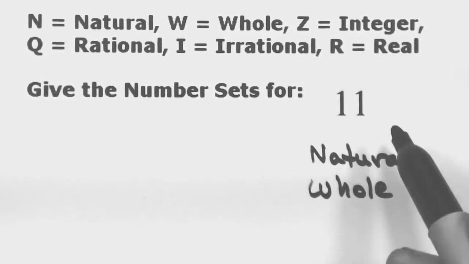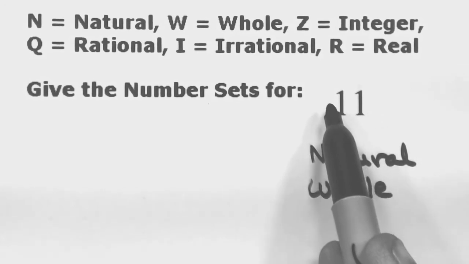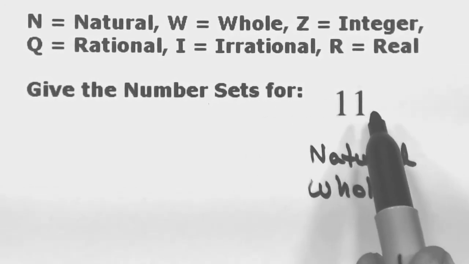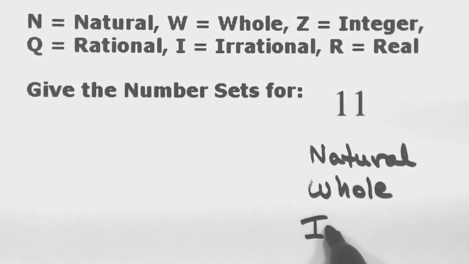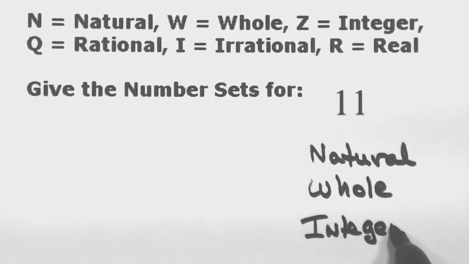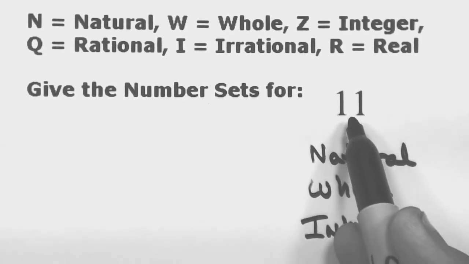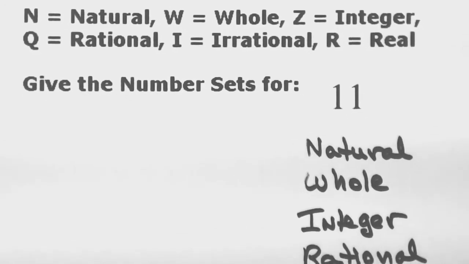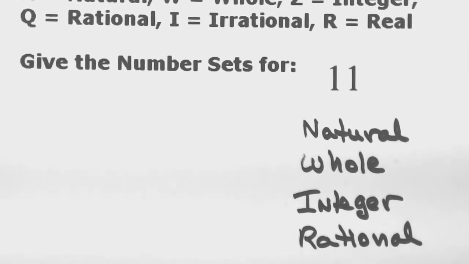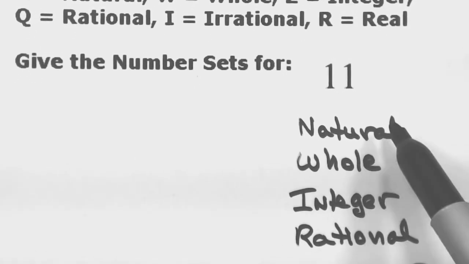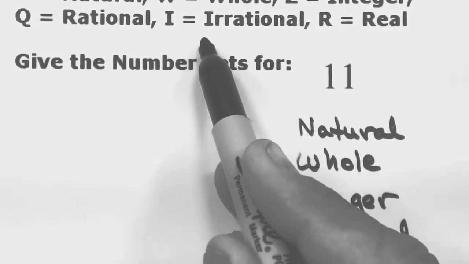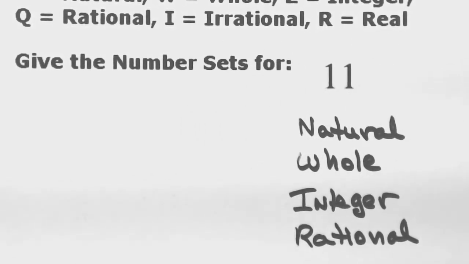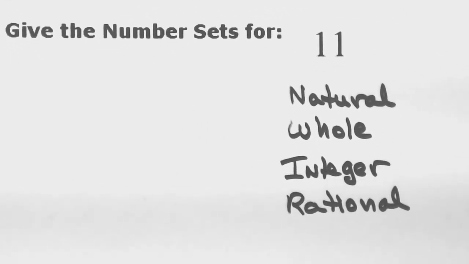It's an integer because the integers include both the positive and negatives of these guys. And we could write it as a fraction, 11 over 1, which means it's a rational number. And the only thing it's not is irrational, because since it can be written as a fraction, that means it's not an irrational. And of course, the last thing that it qualifies to be is a real number.